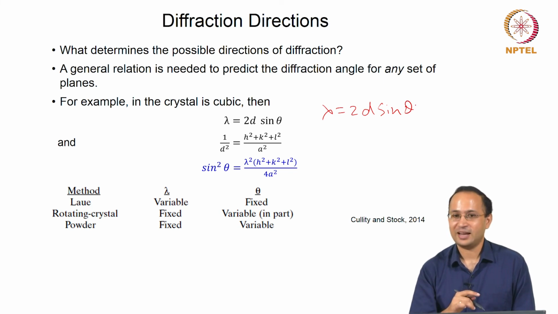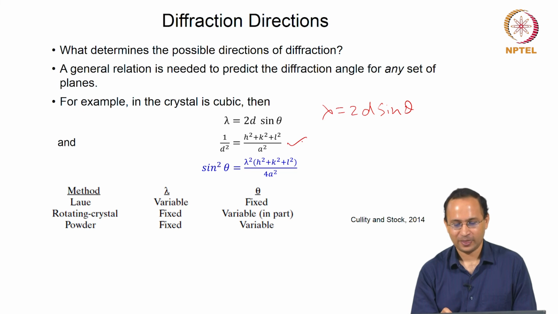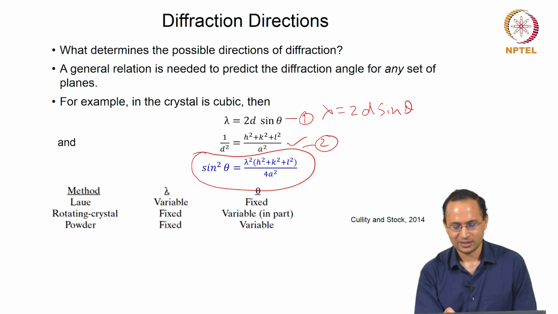Now, we discussed in the last lecture the interplanar spacing. You have planes, there is a spacing between the planes, right, and this is for the cubic system. Now, you combine these two equations, what do you get? Sin square theta equals lambda square (h square plus k square plus l square) over 4a square.